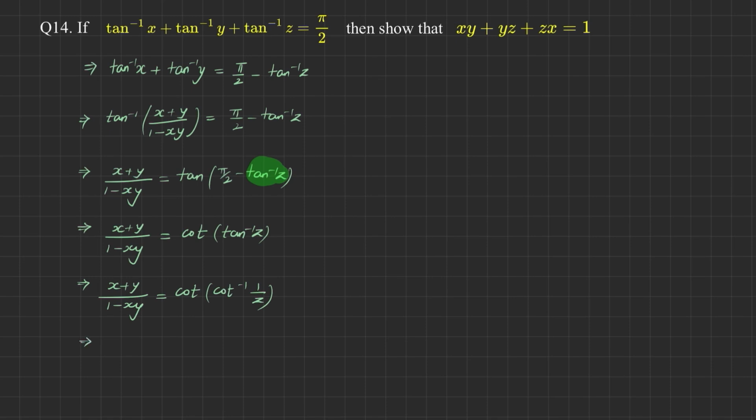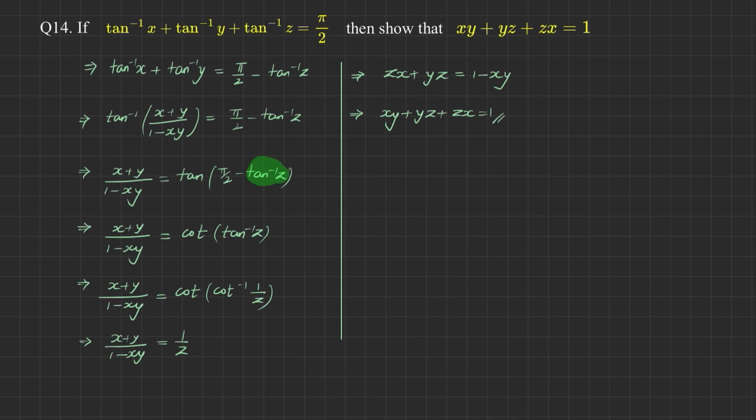Hence, (x plus y) over (1 minus xy) equals 1 over z. Let's cross multiply, so we will get zx plus yz equals 1 minus xy. So let's bring minus xy here, so it will be xy plus yz plus zx equals 1. So this was the relation which we had to prove.